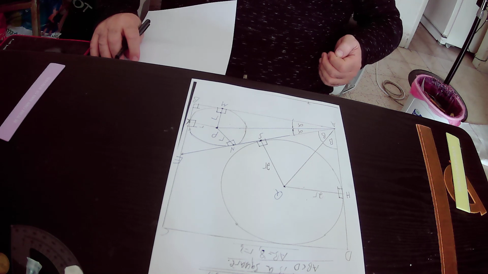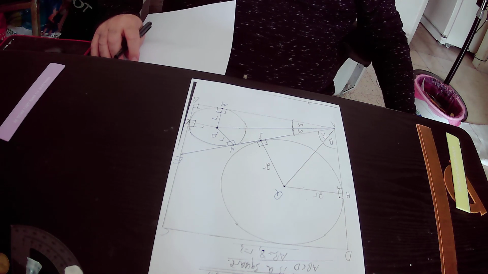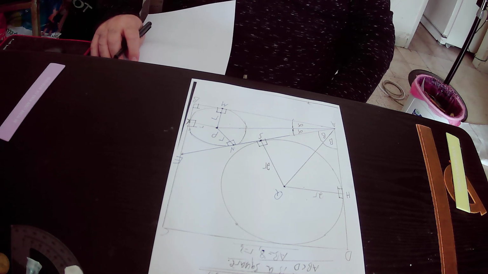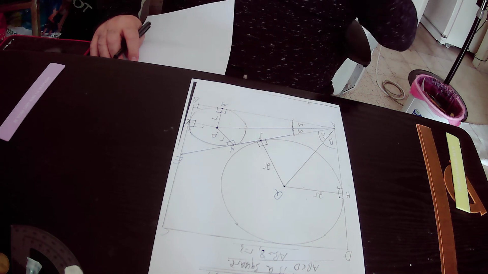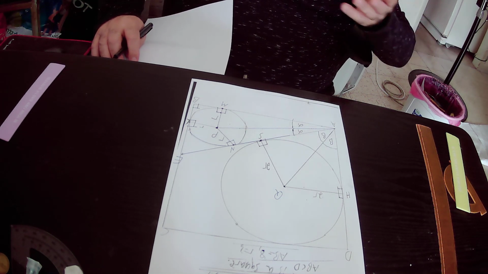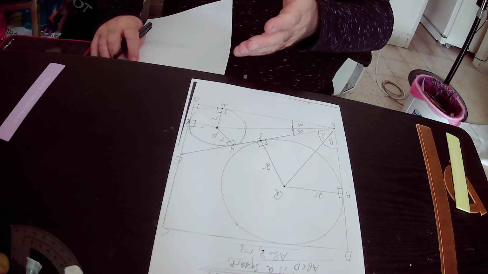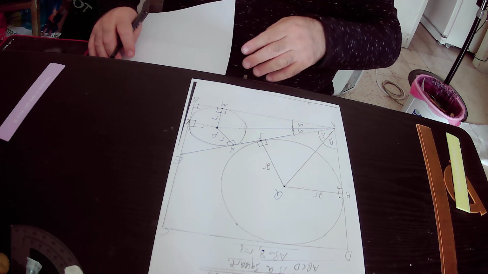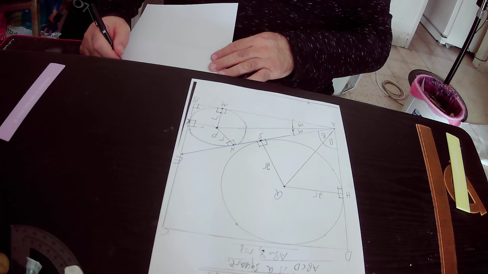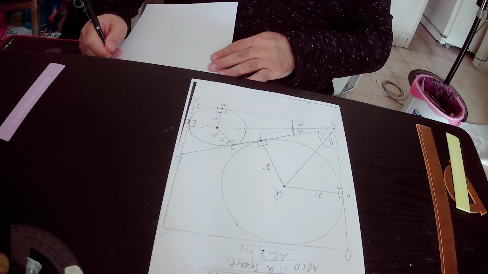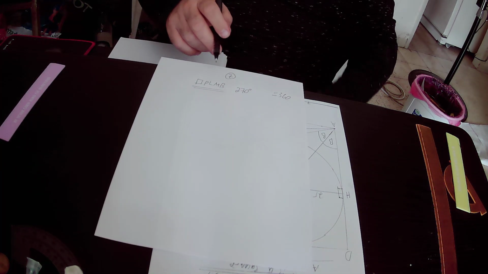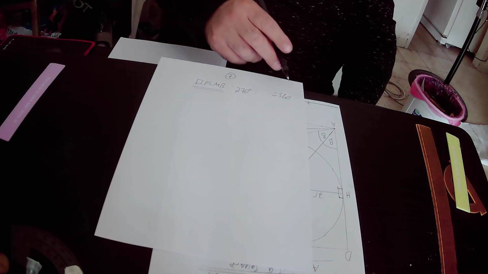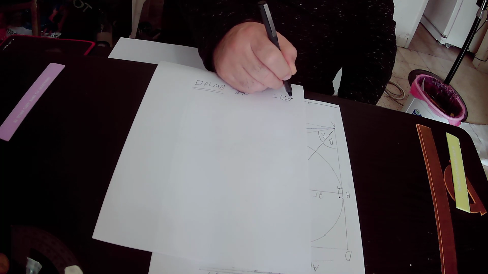And we have the rule that the sum of the angles in any quadrilateral equals 360 degrees, and especially in quadrilateral PLMB, the sum of the angles equals 360 degrees.